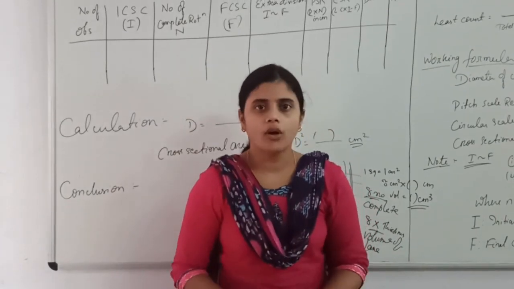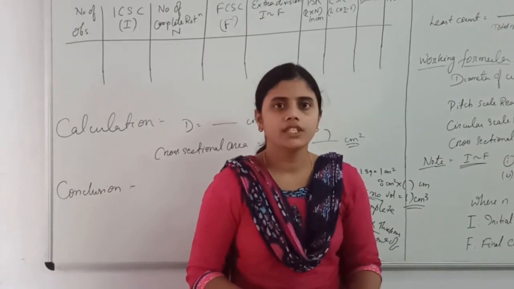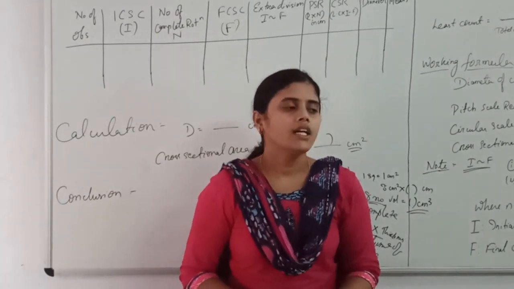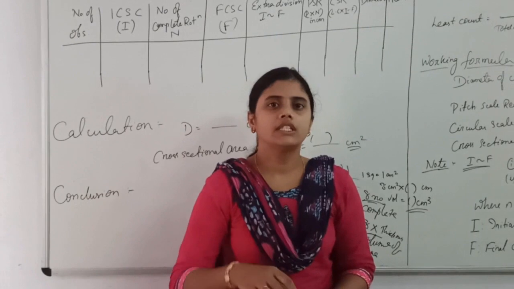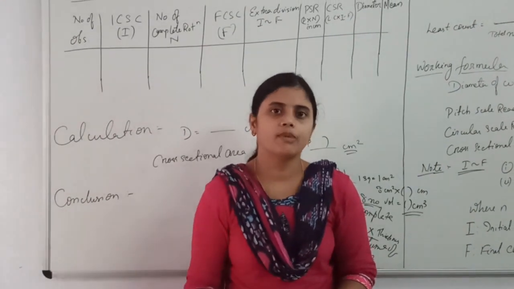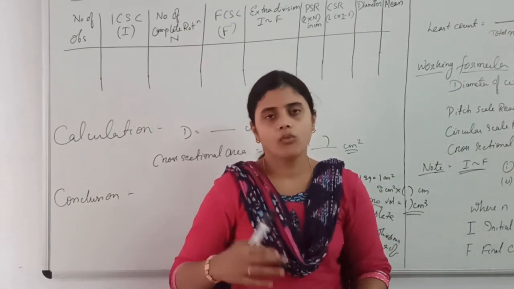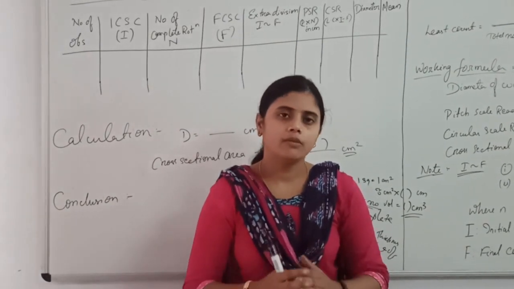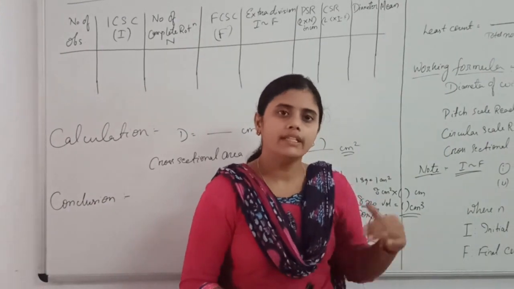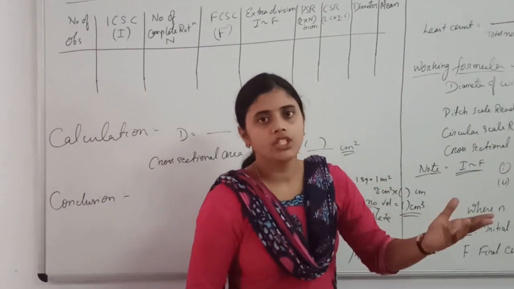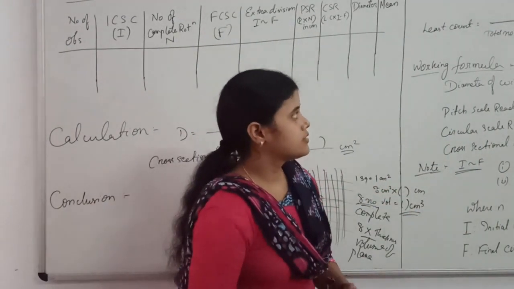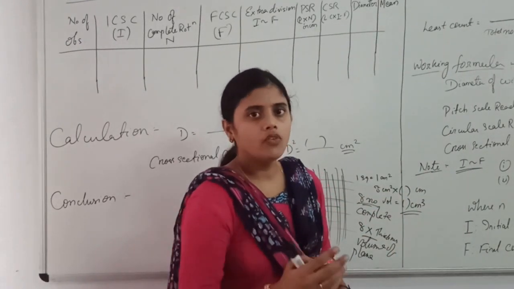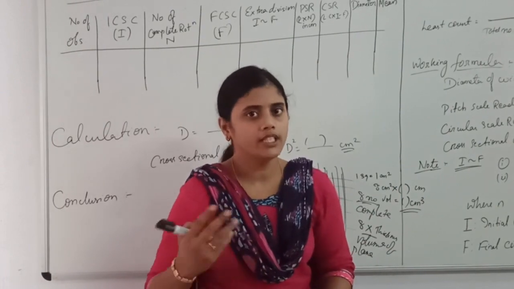Okay. So this is all about the screw gauge, how you will do the measurement using screw gauge. You will get the reading up to 3 decimal places or up to 4 decimal places. As you know, the more decimal places in a reading, the more accurate the reading. So in case of screw gauge, if your least count is 0.001 centimeter, you will get the reading corrected up to 3 decimal places.